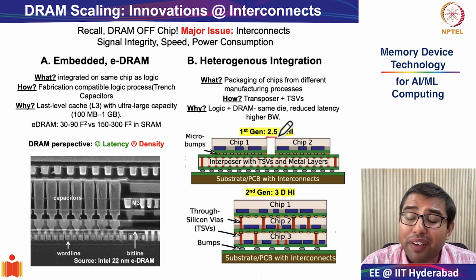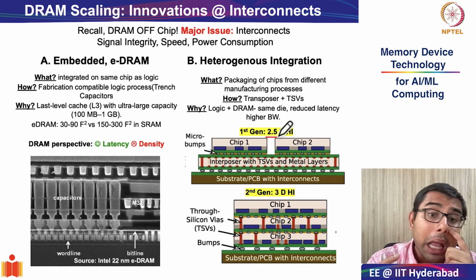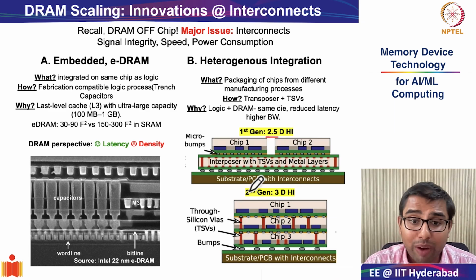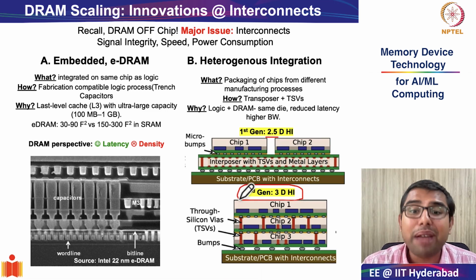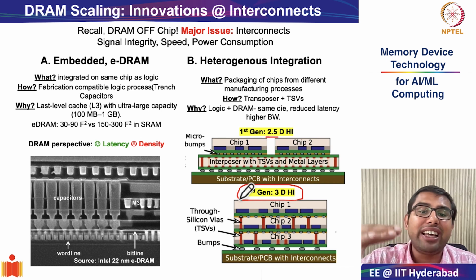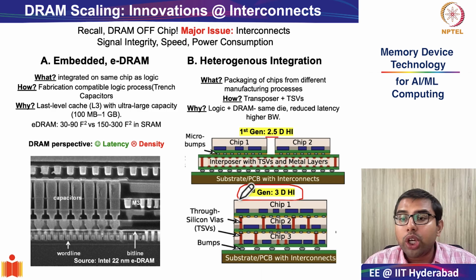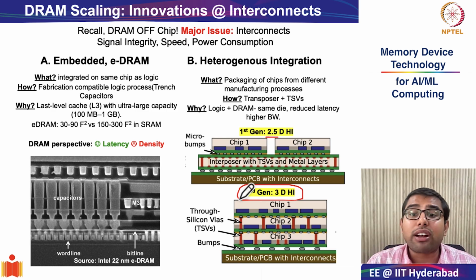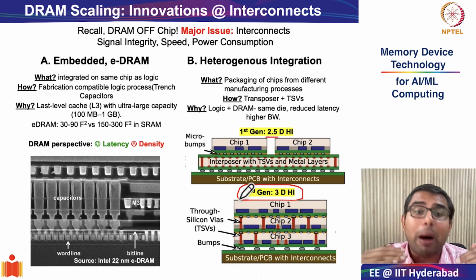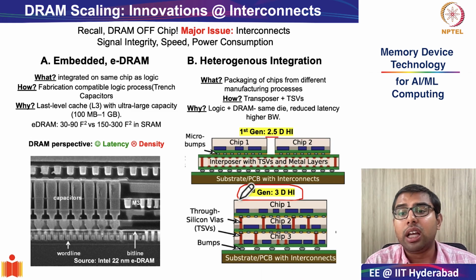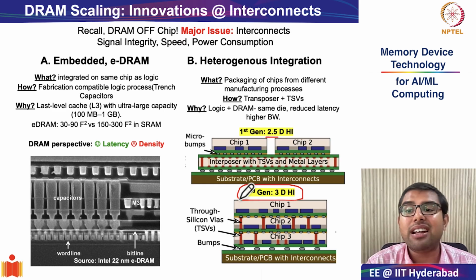This simplifies a lot of the fabrication processing and also thermal management. However, what is more promising is the second and third generation of three-dimensional heterogeneous integration. Instead of placing them side by side, you stack them vertically using even more advanced technology such as bumps and through silicon vias. This offers even shorter interconnects and higher interconnect density.